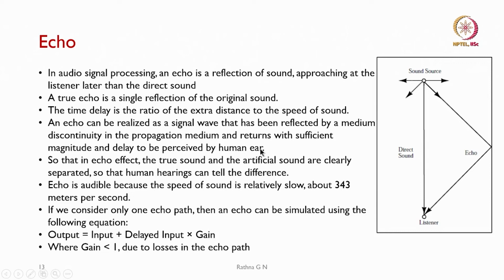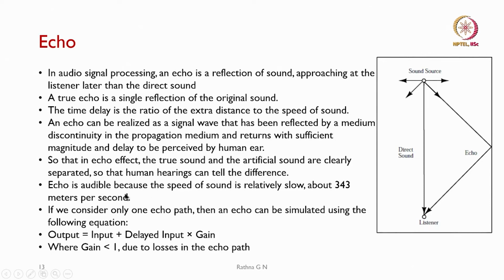Some places it gets absorbed, then you may not be able to hear it as an echo. Where you have sufficient magnitude and delay, then we will hear it as an echo. So, in the echo effect, the true sound and the artificial sound are clearly separated, so that human hearing can tell the difference.